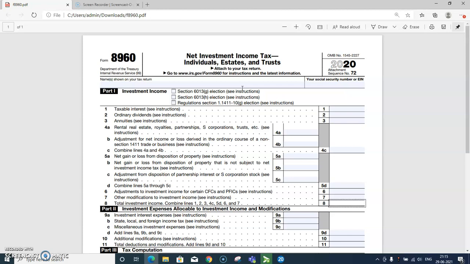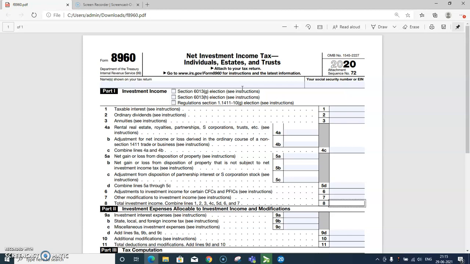The additional tax only applies if your modified adjusted gross income, or MAGI, is over a certain amount. The IRS calls this a threshold, and the amount depends on your filing status. For example, for tax year 2020, if you file a joint return or use the qualifying widow or widower status, your MAGI has to be more than $250,000.